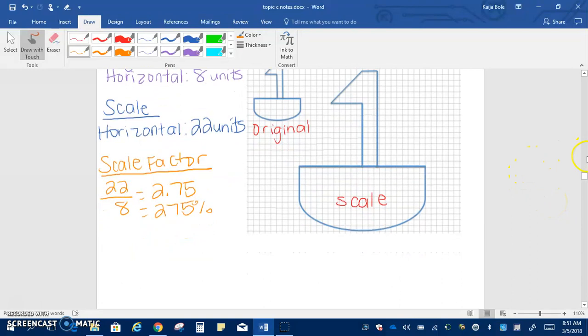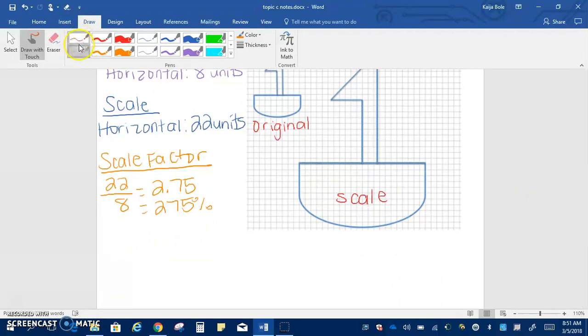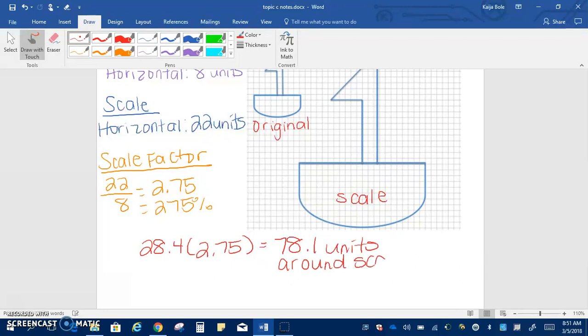So that means we are going to take the distance from the original drawing that they gave us, which is 28.4, and we're going to multiply by our scale factor, which is 2.75, and when we do that, we get 78.1 units, and this is around the scale drawing.